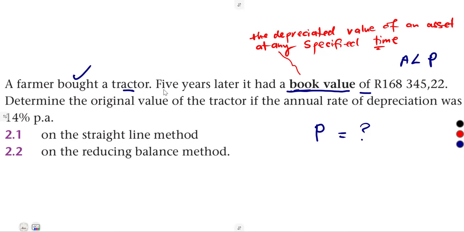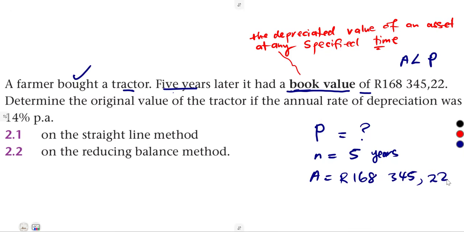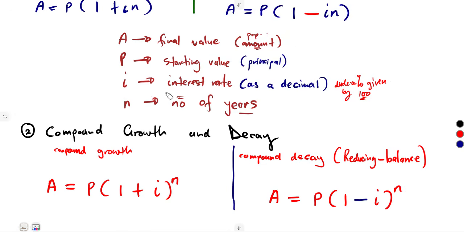But 5 years later, after a number of years, which is 5, we are told that the tractor can be sold at this value. The book value is this. Its value now, when you want to buy that tractor, is 168,345.22. This is our A, the final value after 5 years.